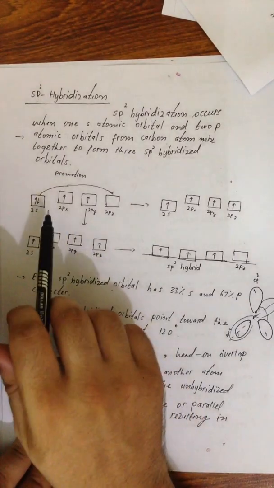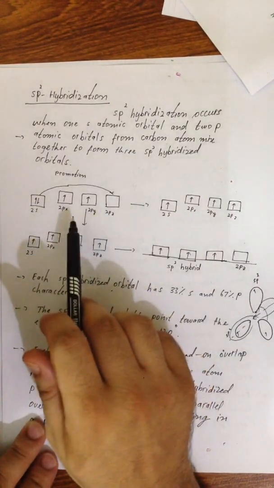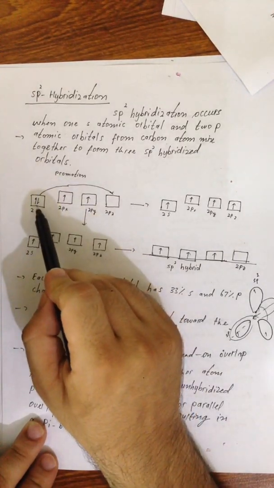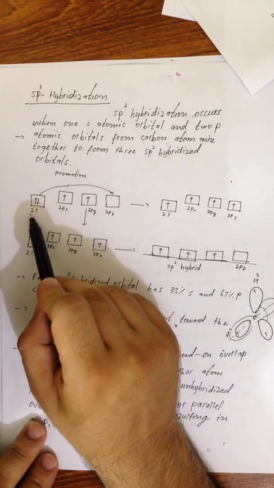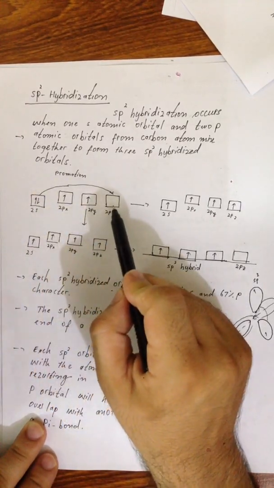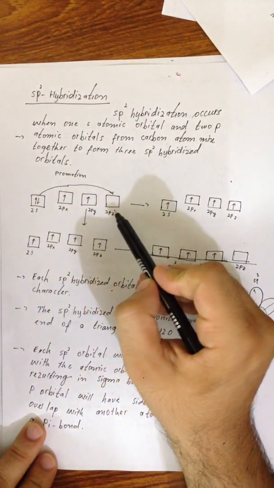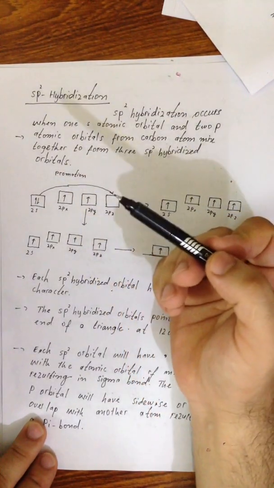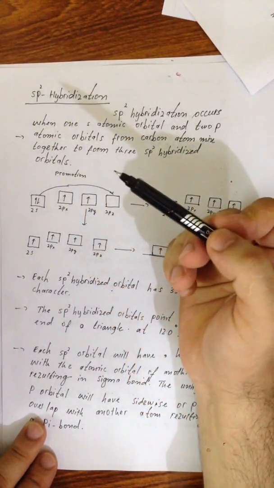So this is the electronic configuration of carbon atom in ground state. What happens is the promotion of an electron from this 2s orbital into the 2pz orbital. The 2pz orbital lies vacant or empty before the promotion in the ground state.